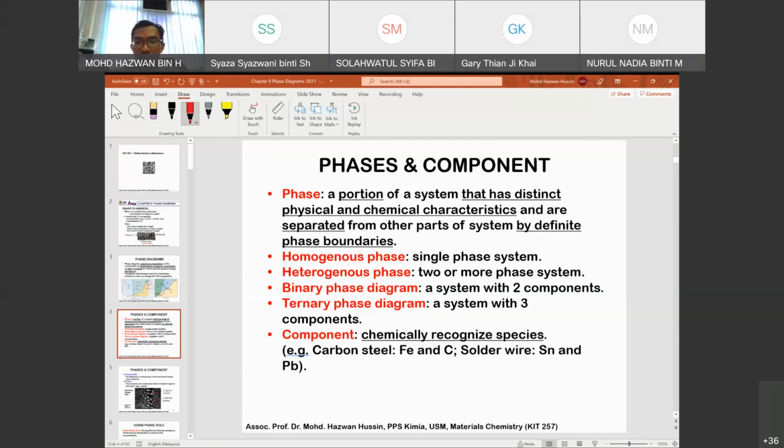This produces a so-called binary. Binary means two components. And if you have three components, we call it a ternary phase diagram.